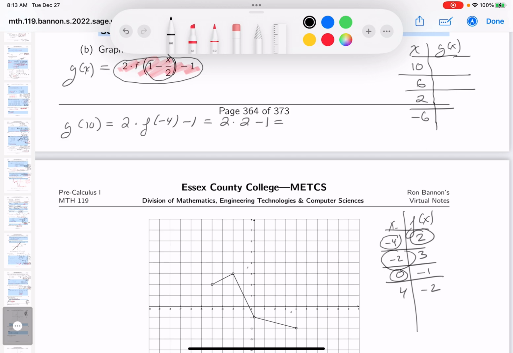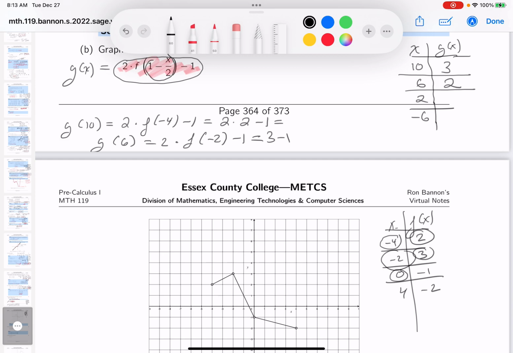What do you get there? 4 minus 1, which is 3. Let's do g of 6 now. And what do you get there? 2 times f of 1 minus 3, which is -2. Do you know what f of -2 is? I do. It's 3, so it's 3 minus 1. What's 3 minus 1? It's 2.